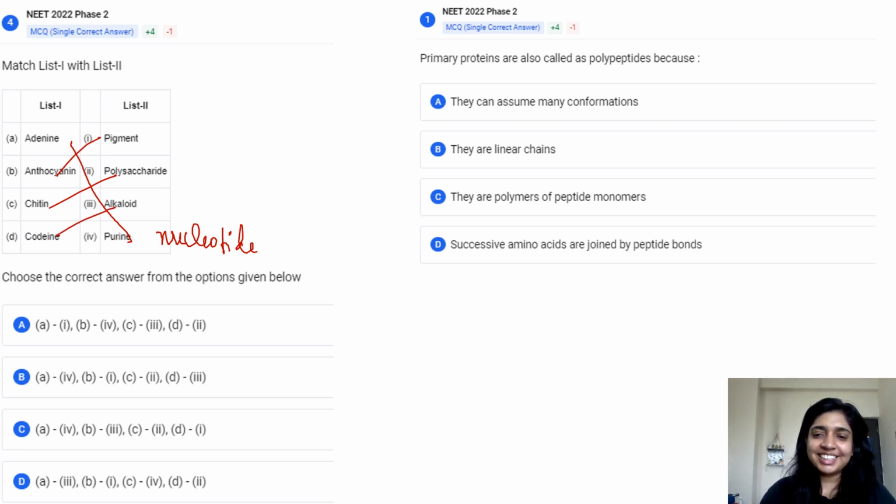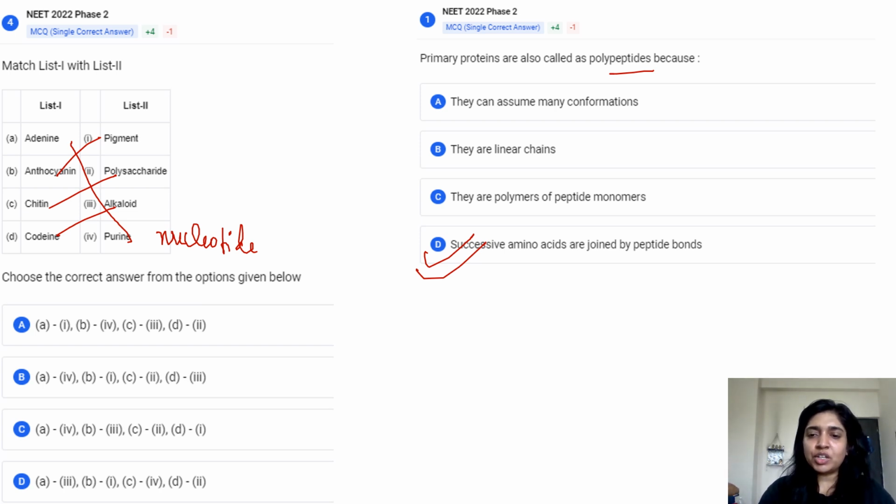Alright, so match it. And then primary proteins are also called polypeptides because they can assume many conformations. They are linear chains. They are polymers of peptide monomers. Successive amino acids. This is the correct option. So they can assume many conformations has no relation to being a polypeptide. Then they are linear chains.